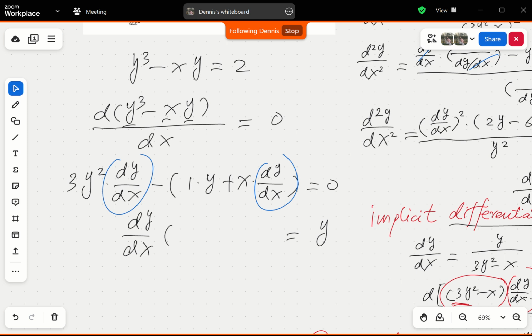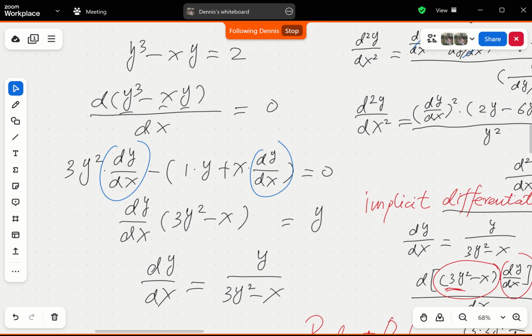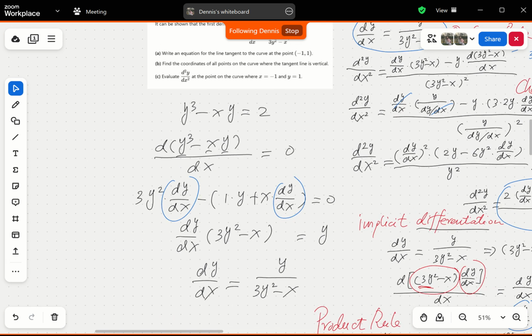So it's 3y squared minus x on the left-hand side. Then we just divide both sides by 3y squared minus x, and we have dy/dx equals y over 3y squared minus x. Okay, it's the same as given by the problem. Good.